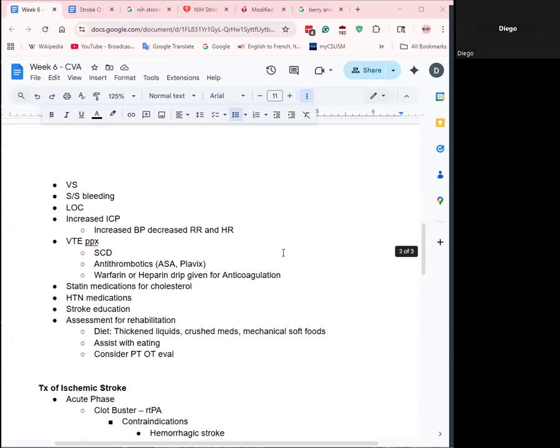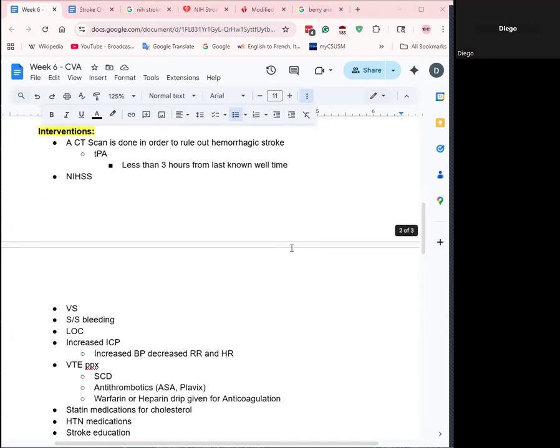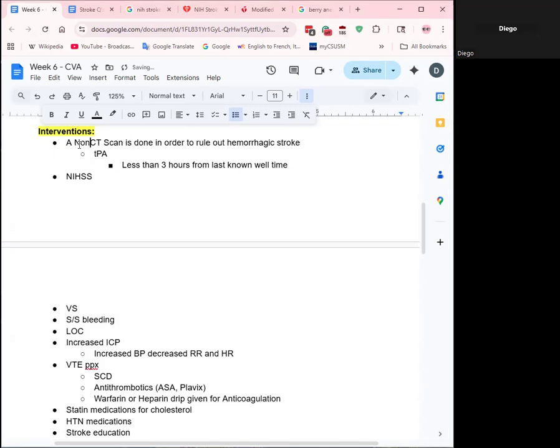Okay. When it comes to the interventions, the main thing that you really need to remember and focus on is that they need to get a CT scan of the head done. So this would be a non-contrast CT scan of the head.